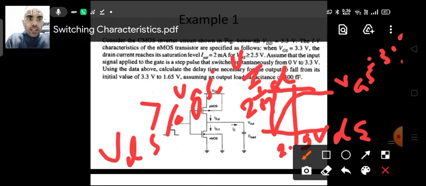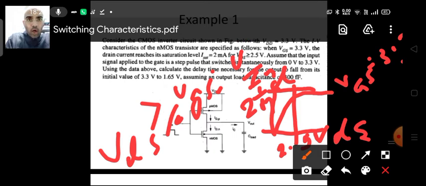You see saturation is reached at VDS equal to 2.5 volts, and at that time VGS is 3.3 volts. From this we can find the threshold voltage of the NMOS directly.